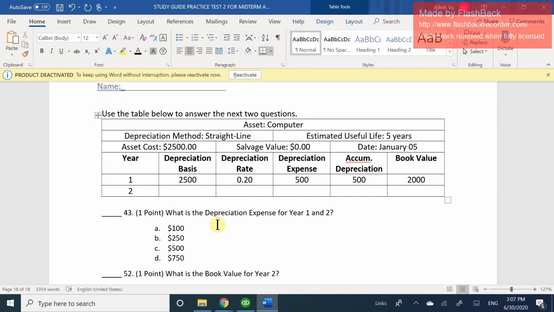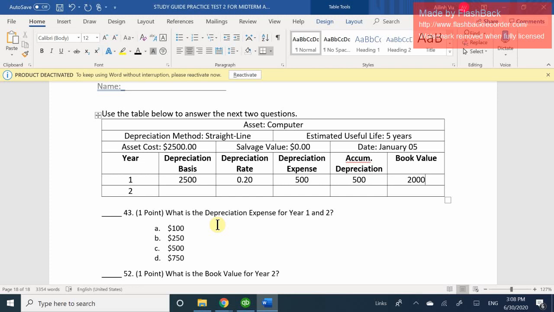Why do we not do that? I don't know. Straight line. This is a straight line method. That's correct.